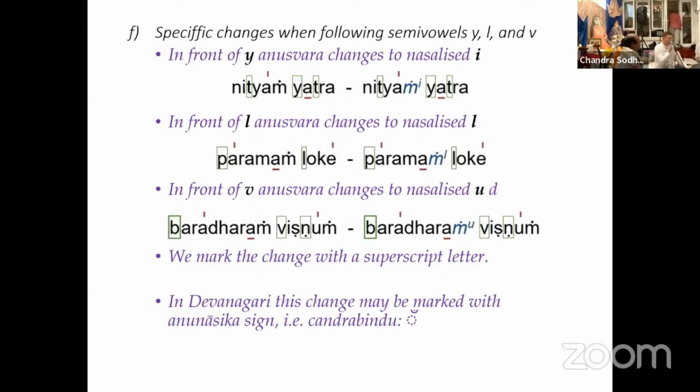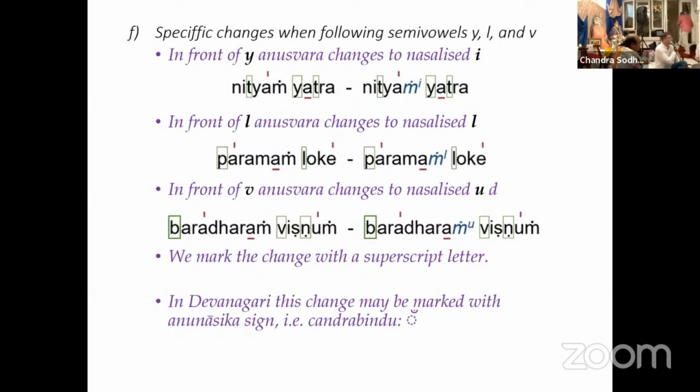But there are some specific changes when followed by the semi-vowels y, l and v. So in front of y, anusvara changes to a nasalized y. We actually started to use this, and that's why I said we have built some other intervention in the script itself, so that we know when to nasalize.